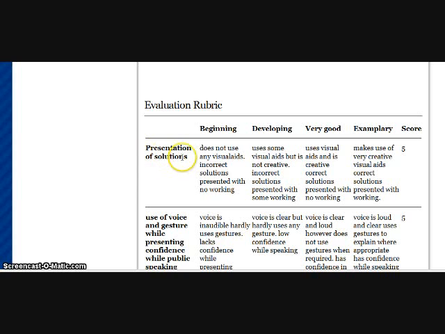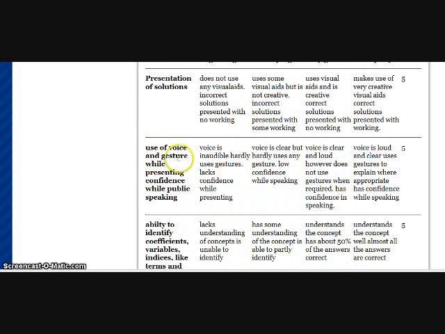For example, while presenting their solutions, they must make use of visual aids. They must present correct solutions with working. They must use correct voice gesture and have confidence while speaking in public.